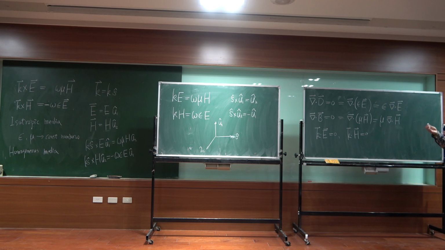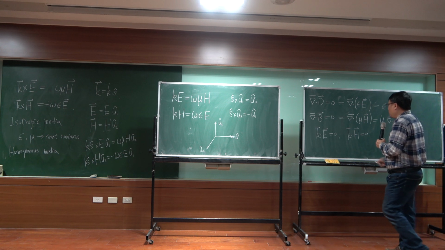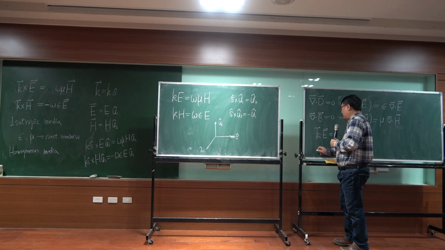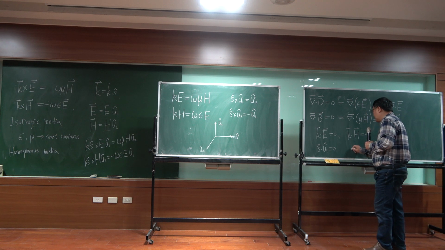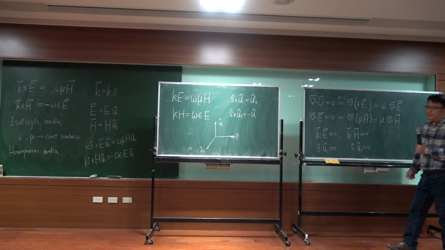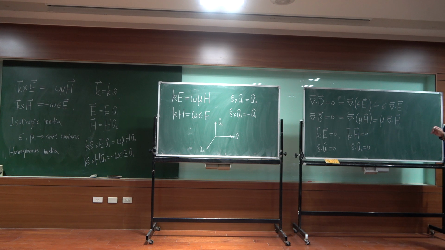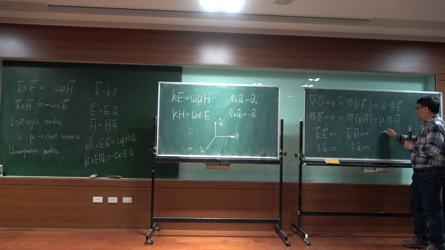However, we know that k is not 0, E is not 0, and H is not 0. So we see that S dot U1 is 0, and S dot U2 is 0. This result tells us that we have a transverse wave.